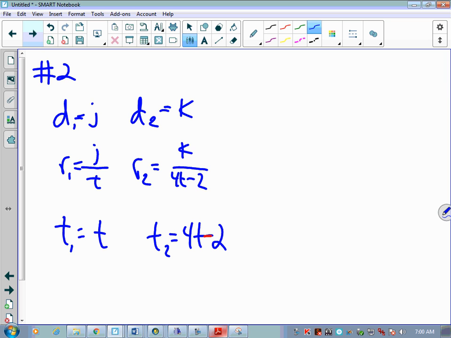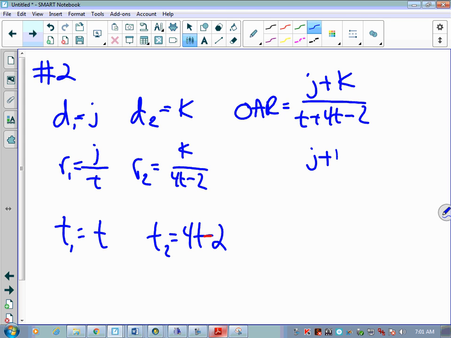At his average rate, how long would it take him to travel 10 inches? Well, overall average rate, let's find out what that would be. Overall average rate is overall distance over overall time. So that would be t plus 4t minus 2, which we can simplify to j plus k over 5t minus 2.